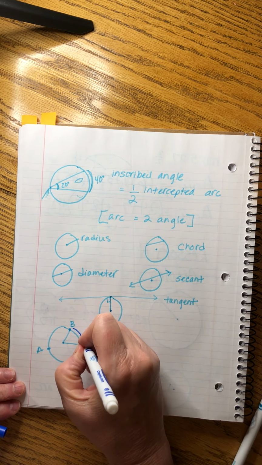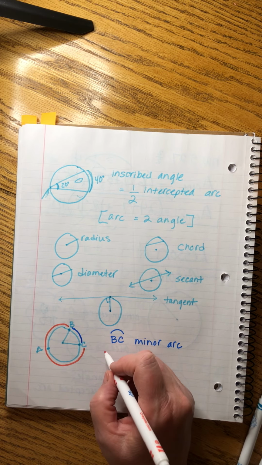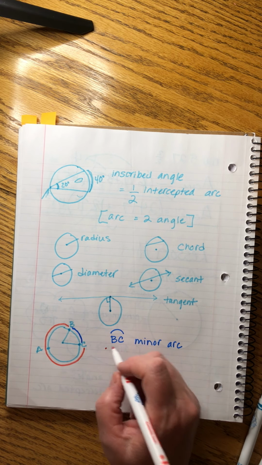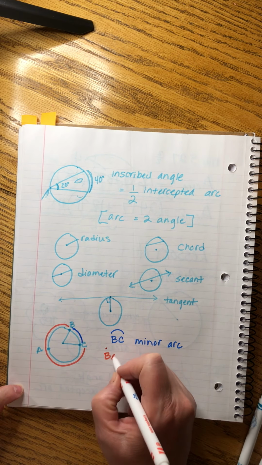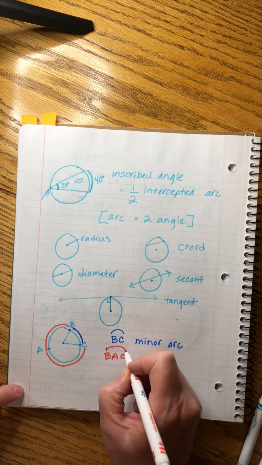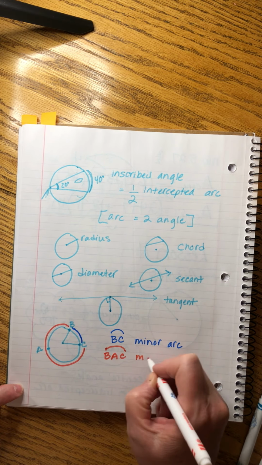This is not terminology we're going to use a lot. But if you measure this way, which is longer, we would call that arc BAC. We'd call that the major arc.